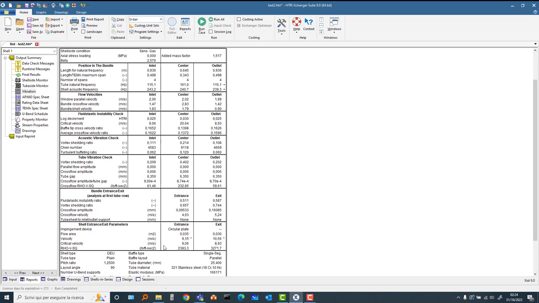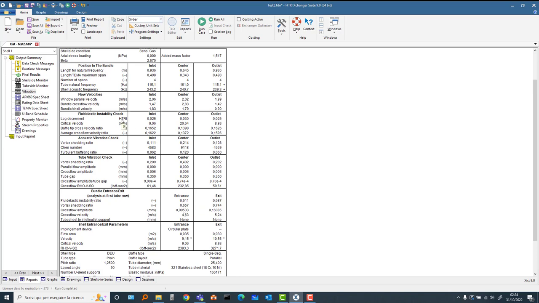We have a critical velocity which is very close to the actual velocity of the stream, so this is causing a risk of vibrations. There is a very simple way, since we have this problem only in the entrance and exit area, and we do not have this problem in the bundle or in the other parts of the exchanger.